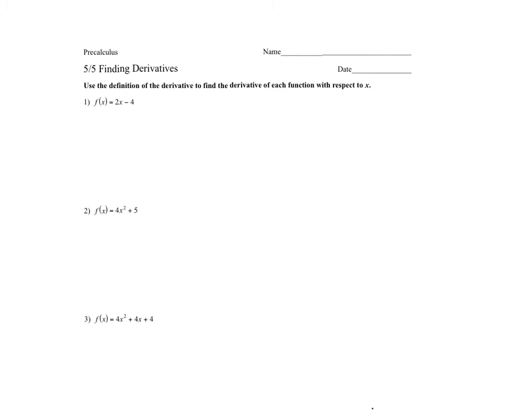So this is a linear equation. So we've got 2x minus 4. And I'm going to do two things. I'm going to add a 1 exponent to that x, because that's what it is. It's x to the 1. And I'm going to add an x to the 0 here. And then you can see what we do to find the derivative. You multiply this exponent by that number.